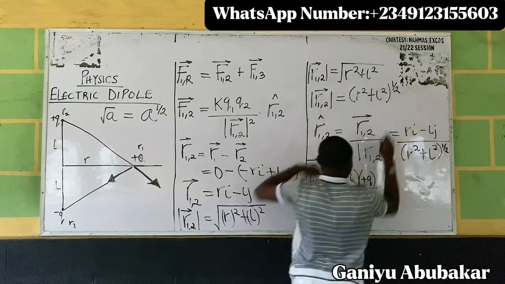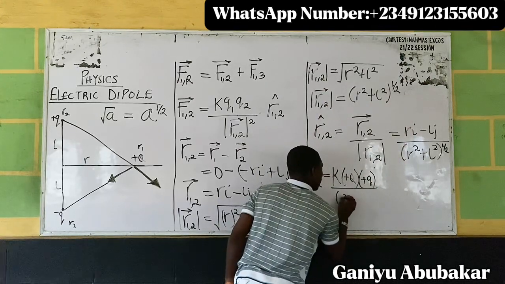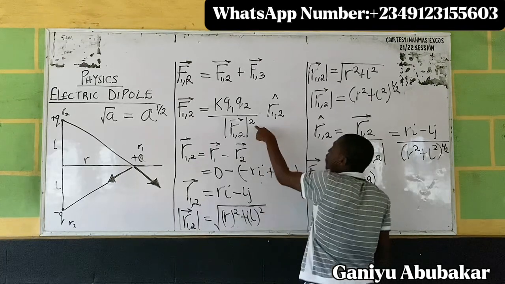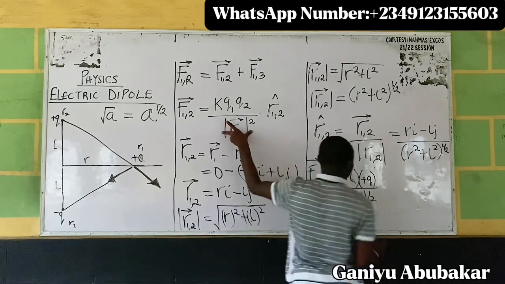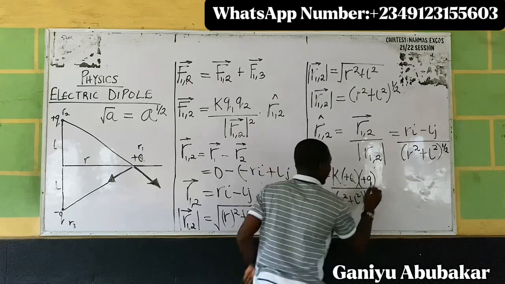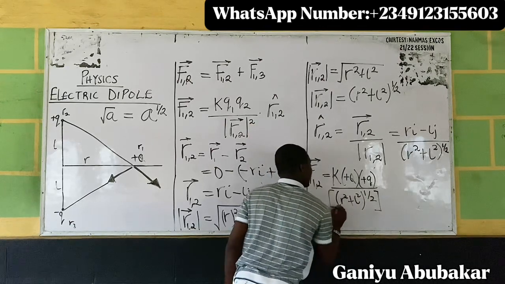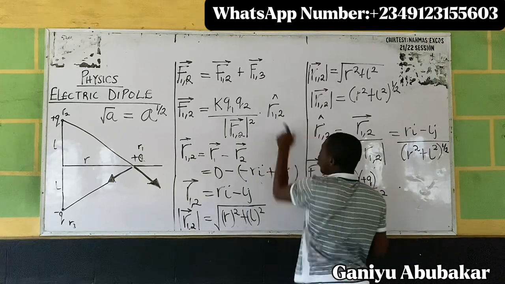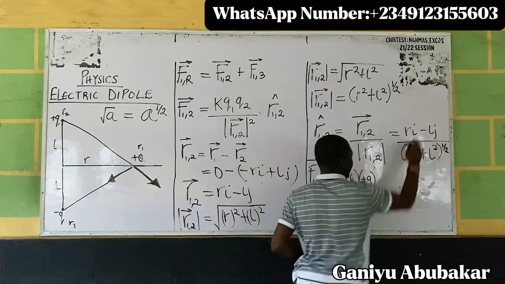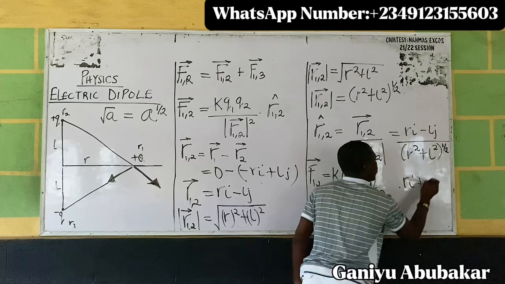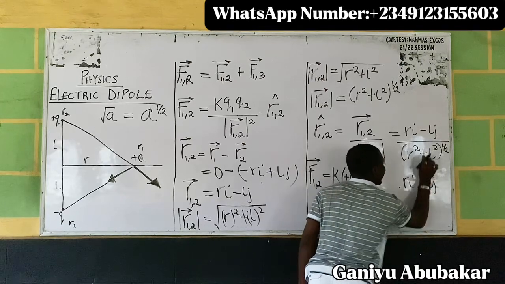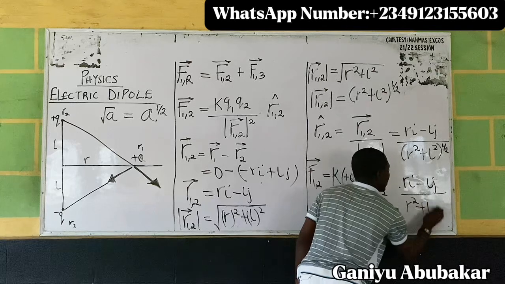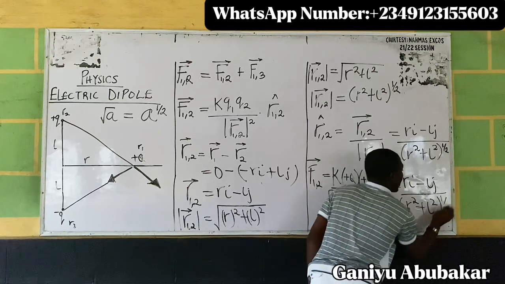Everything is magnitude, that's r squared plus l squared all to power half. By the way, I will square it. This one alone is this. This square here, I'll have a square this way. Dot unit vector is this, all the value here, that's ri plus lj, minus lj, all over r squared plus l squared all to power half.